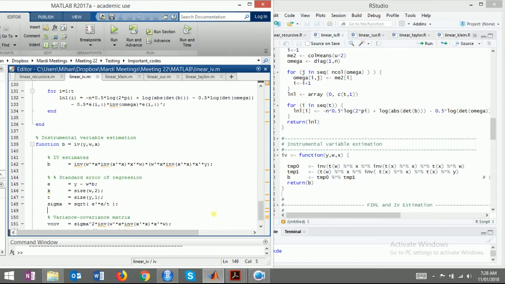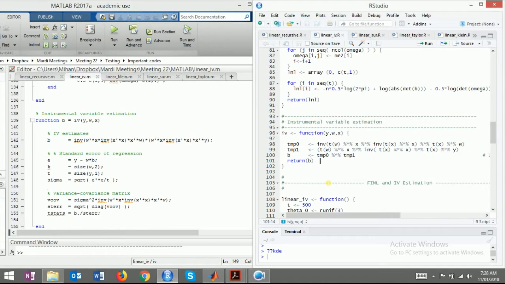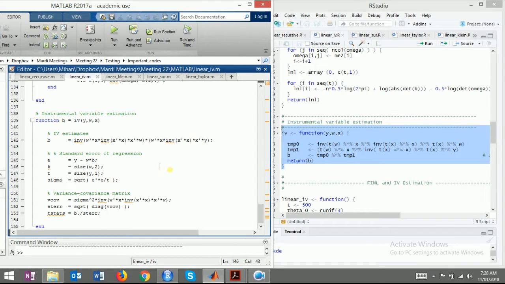So the function here ends here. Instrumental variable, standard errors of regression, FML and IV estimation. So standard error of regression, this is not given in R. Alright, fine.